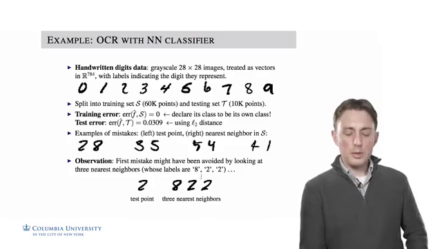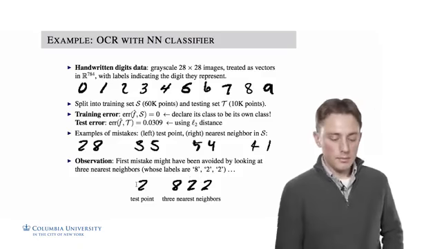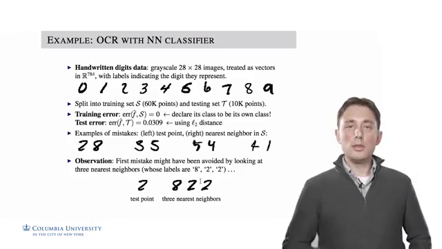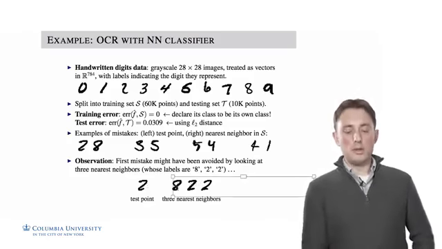So if we looked at the 3 closest neighbors and then assigned the label based on a vote, in that case we would have gotten this 2 right, because 2 of the training points would have voted to label this a 2, and 1 would have voted to label it an 8.